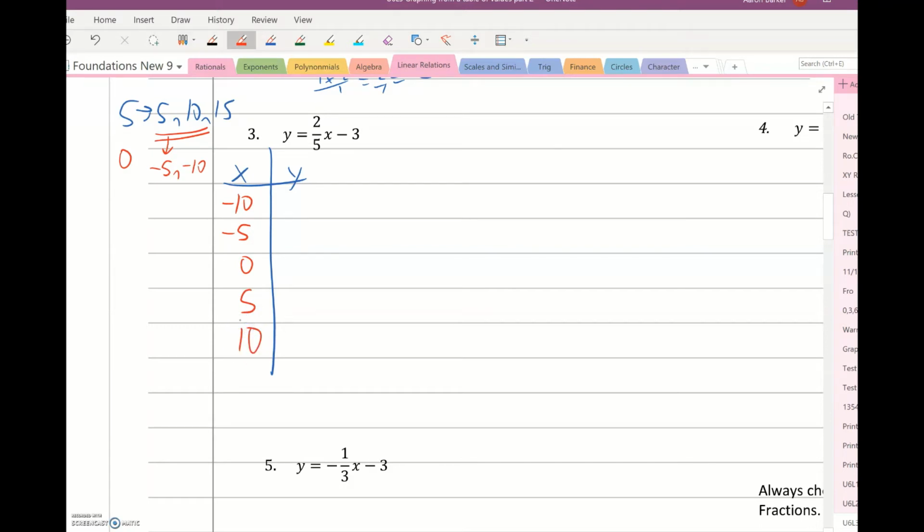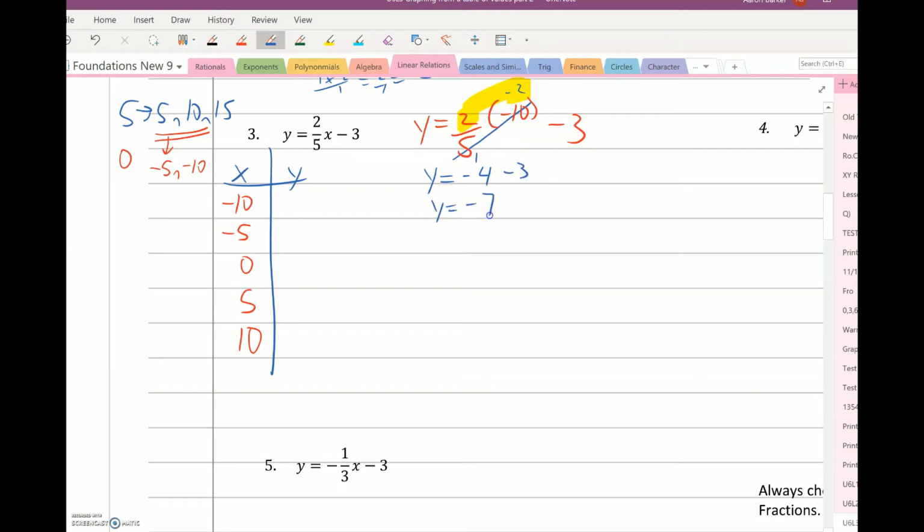Okay, watch this. This works out really nice. So y equals 2/5 times -10. And yes, I'm writing that -10 up high deliberately because these guys cancel to 1 and -2. So y equals 2 times -2, which is -4, minus 3.